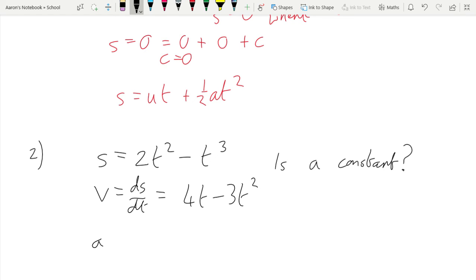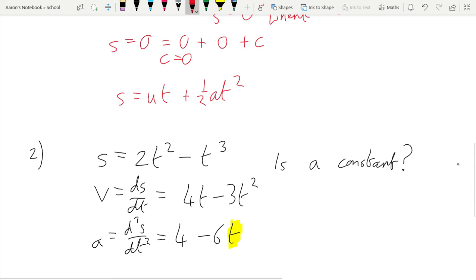And my acceleration is d2s by dt squared, so 4 minus 6t, and because we've got a t in there, we can say no, not constant. So the only way it would be constant is if we ended up with the acceleration being a constant, not being in terms of t.